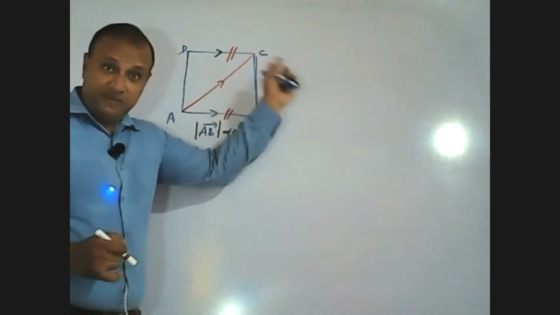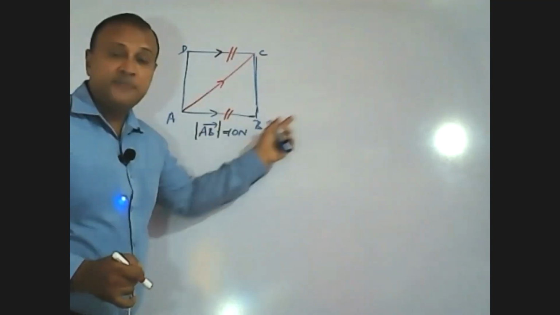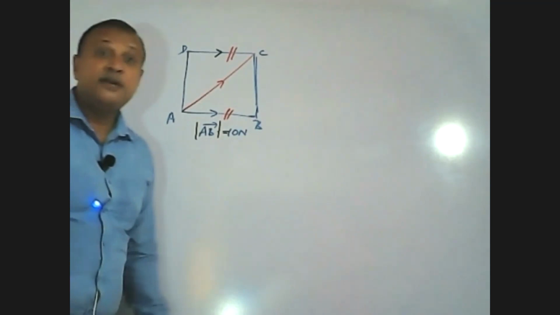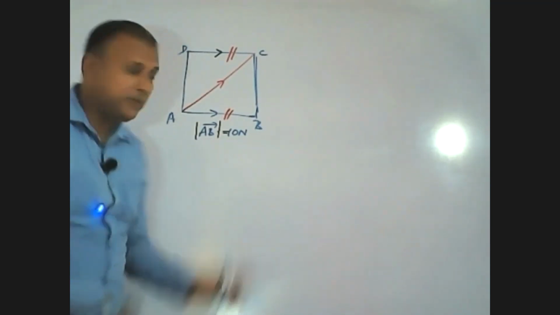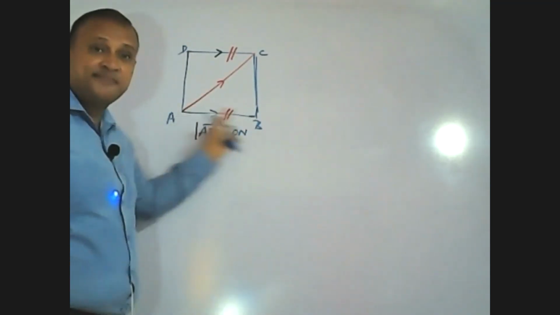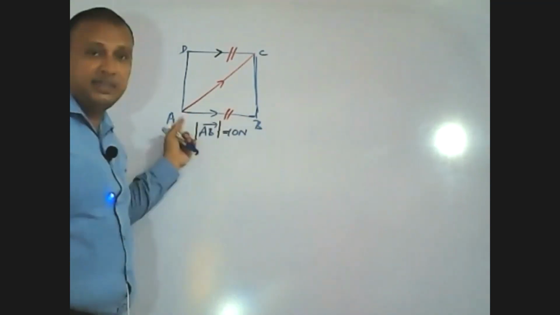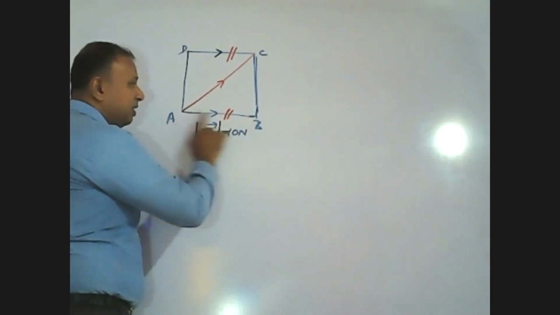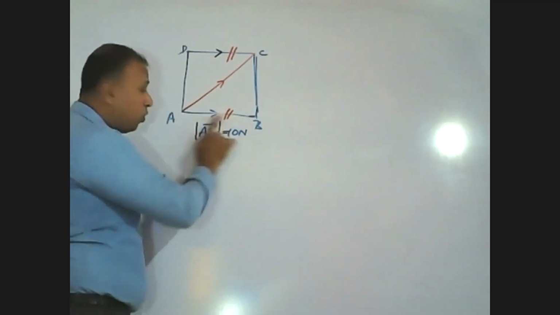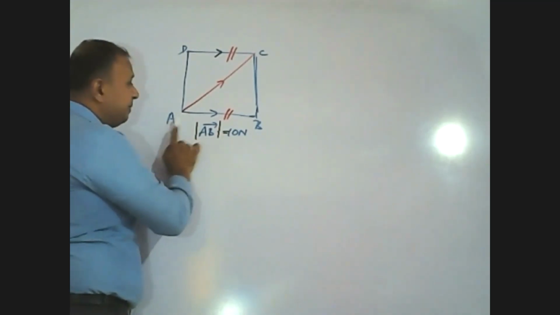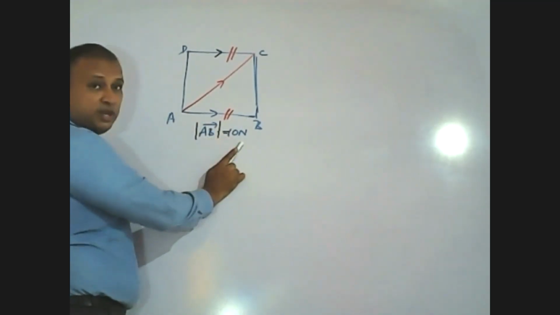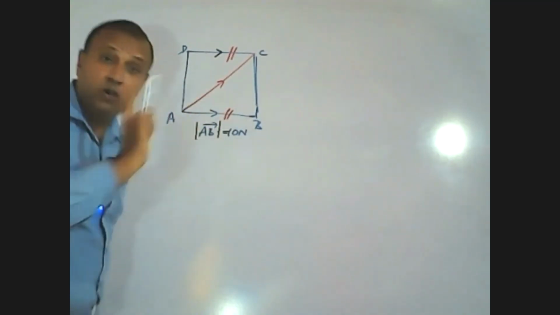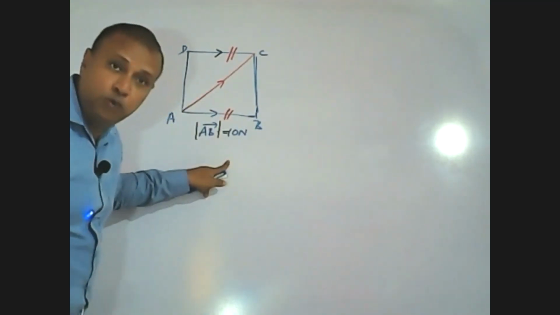So if it is a vector system, I can represent the magnitude of a vector using the length of a line segment. If the magnitude of the AB vector is 10 Newton, that means this line segment is equal to 10 Newton.